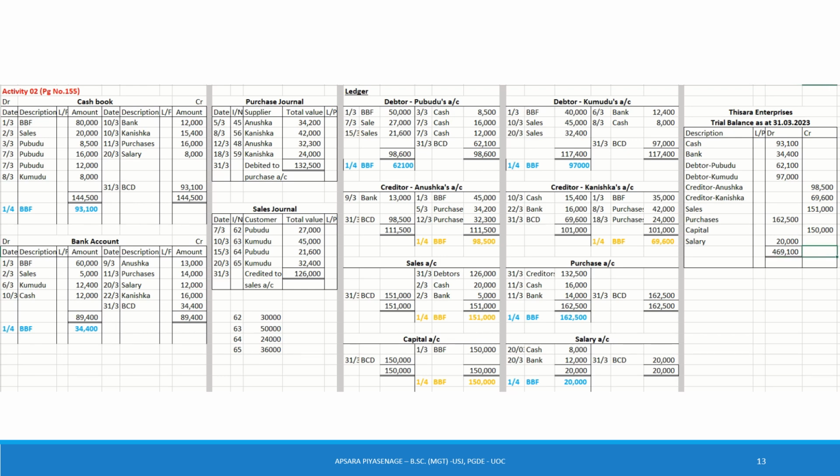The total of credit column is also 469,100. So that means we have correctly recorded the transactions in the accounts and balanced properly, and we have extracted them to the trial balance correctly. So this is the answer for the activity number 2, page number 155.